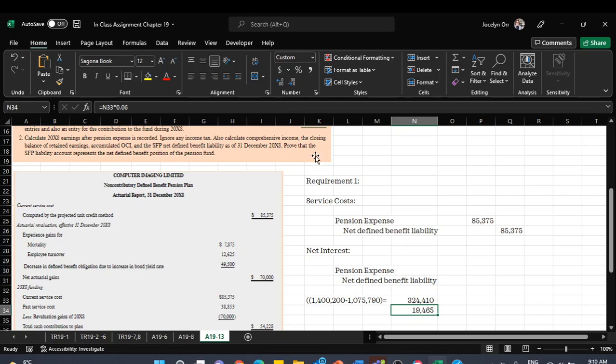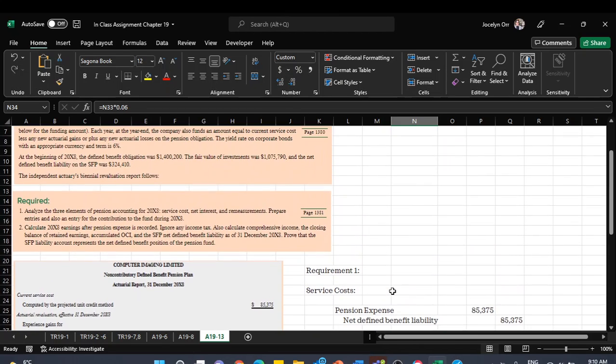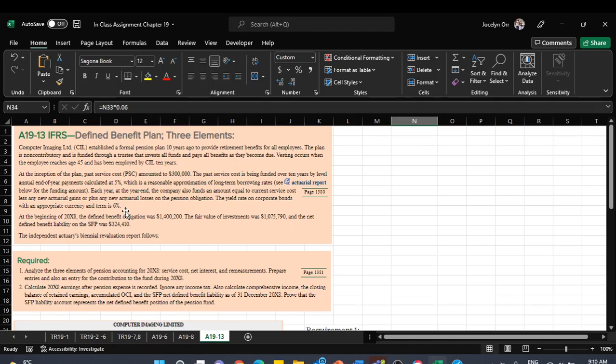So don't confuse the yield rate of 6% with this 5% that relates to the past service cost. Okay, so just make sure you're taking the right percentage.